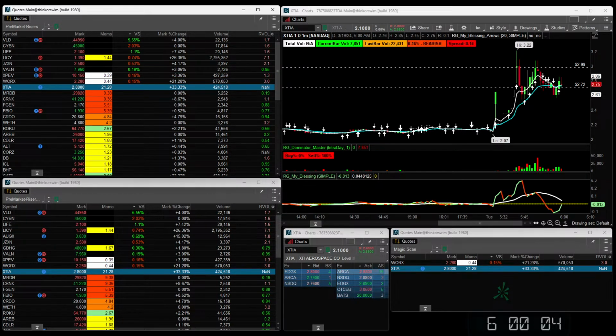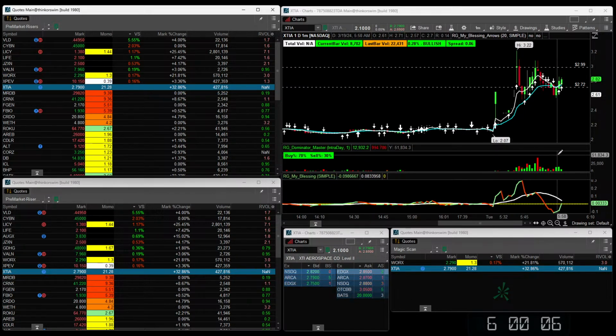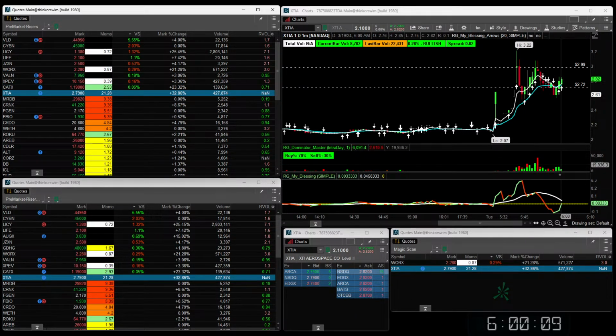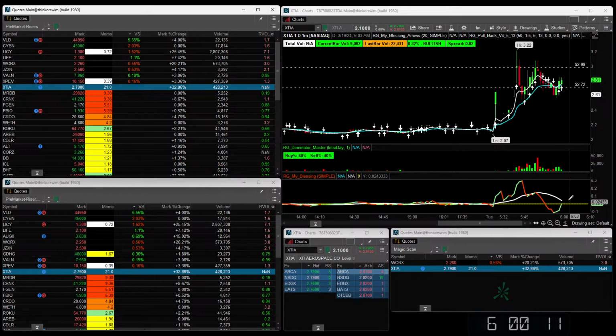Don't chance it yet. I'm watching these indicators. We're looking for long green bars right here, so the buyers will come in. This one's looking good. It's coming above yellow.